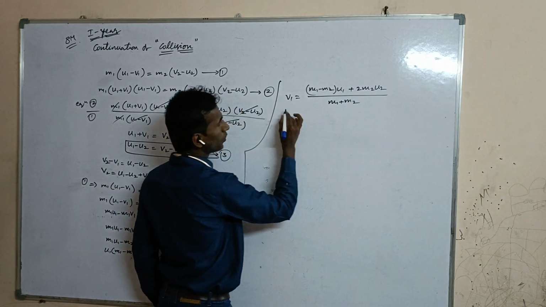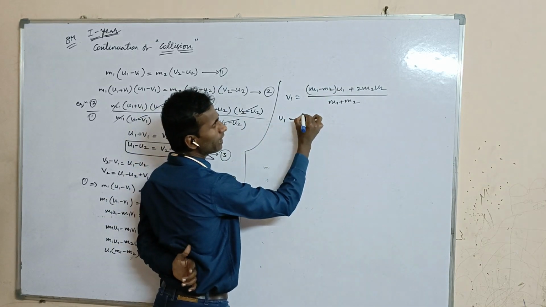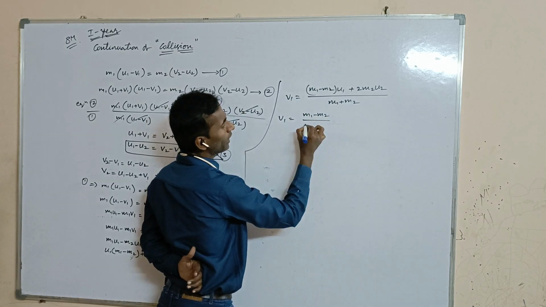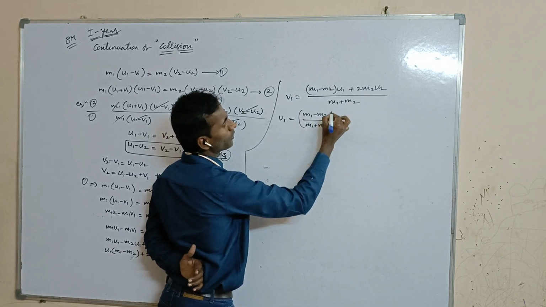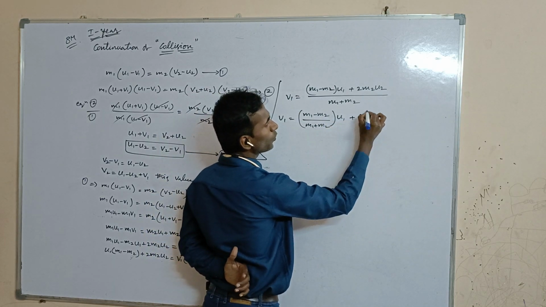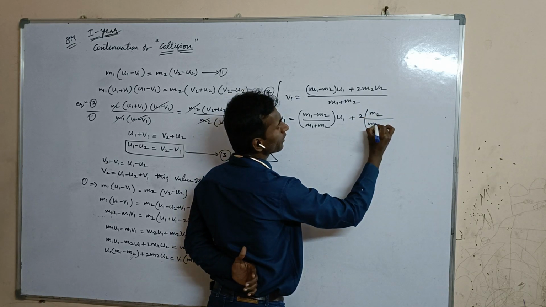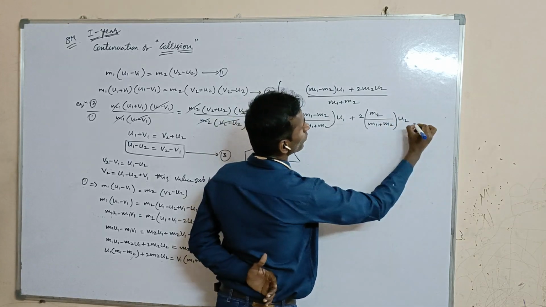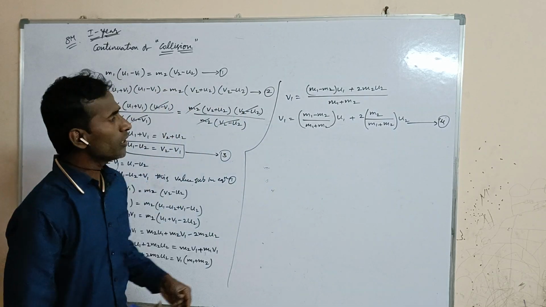So again, v1 is equal to, writing separately, (m1 minus m2) by (m1 plus m2) into u1 plus 2 into m2 by (m1 plus m2) into u2. This is equation number 4.